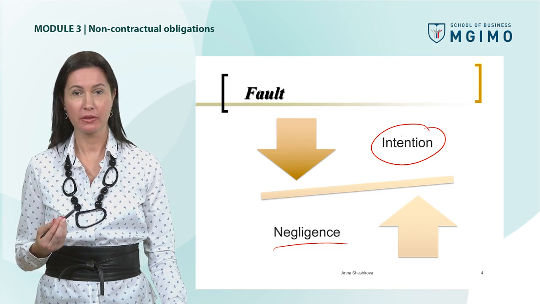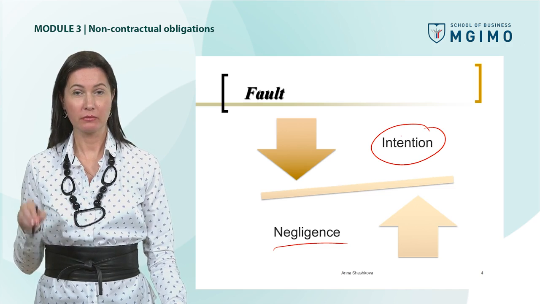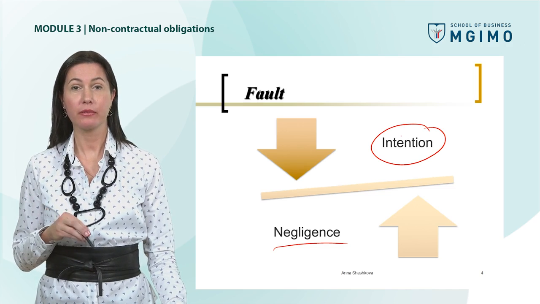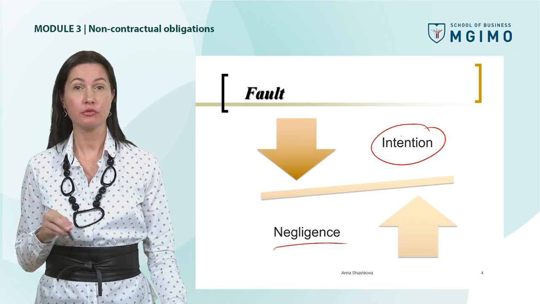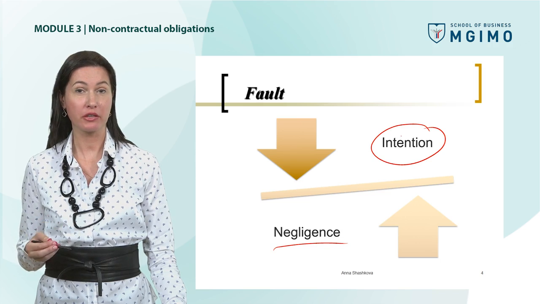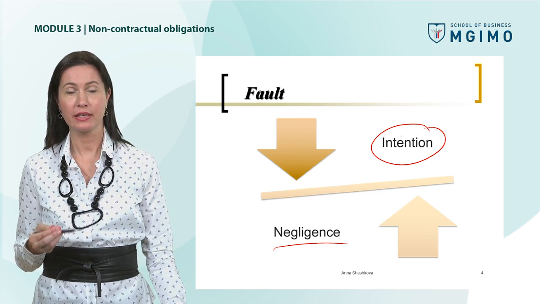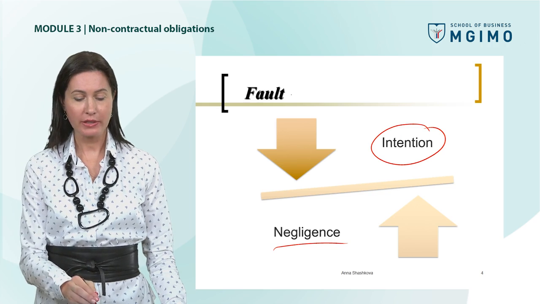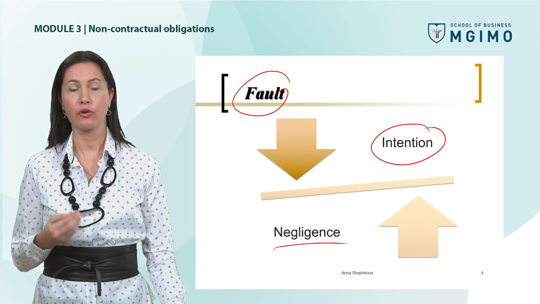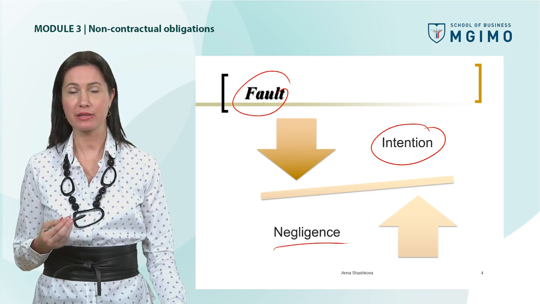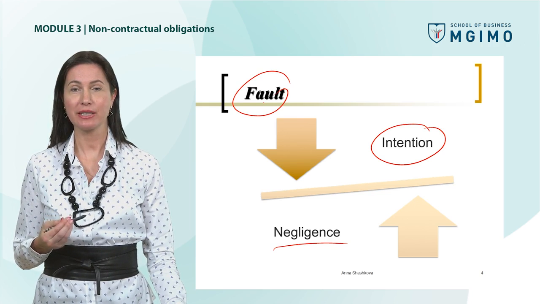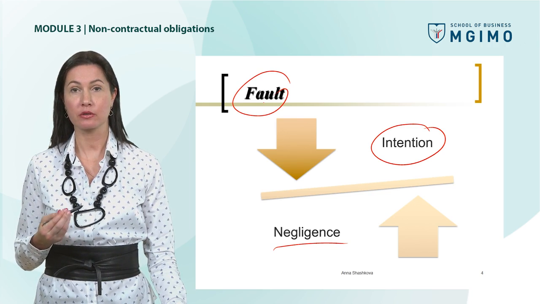So, for example, your neighbor puts his Maybach near your window, and you, just because of social rage, decide that you do not like Maybach, so you threw this bottle purposely. This is intention. What is important about fault? That fault, in case of tort, must be present. So if something is committed without fault, a person is not responsible.